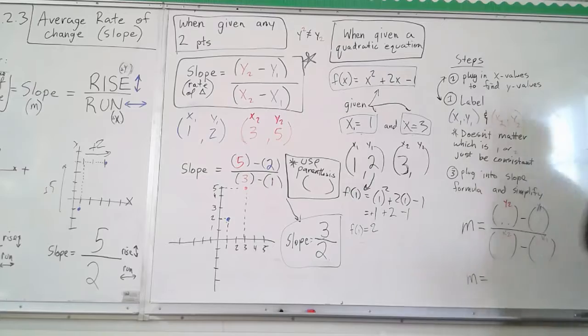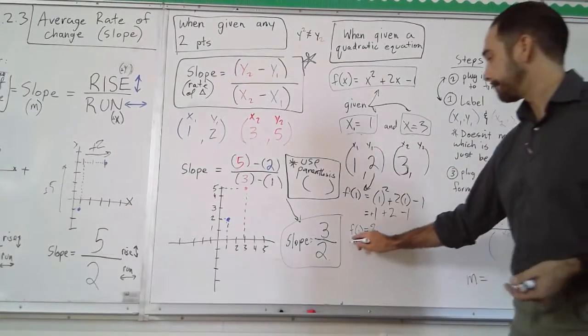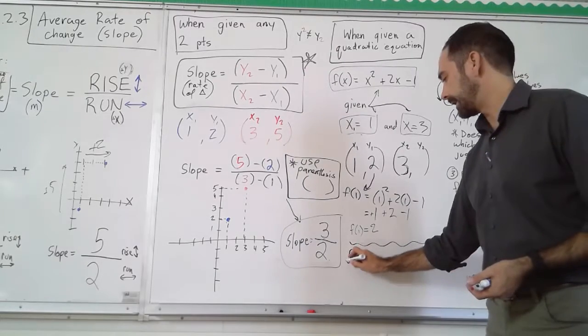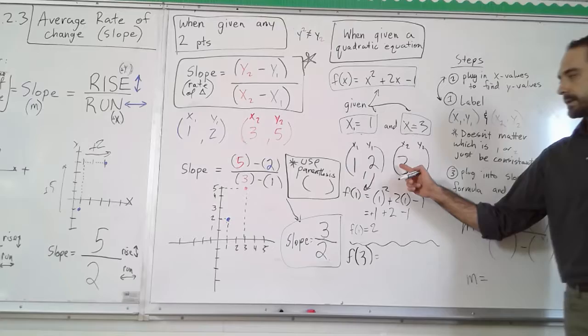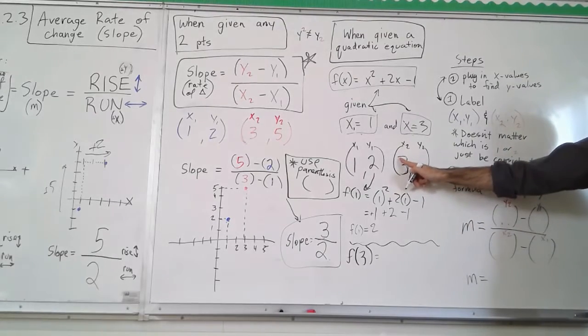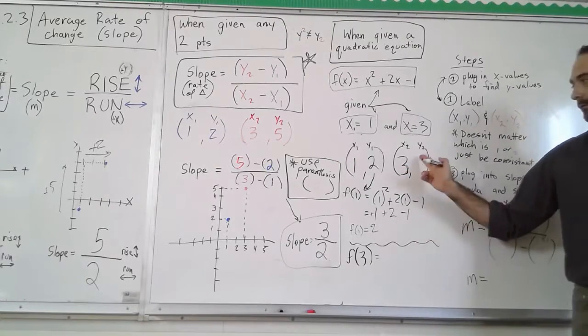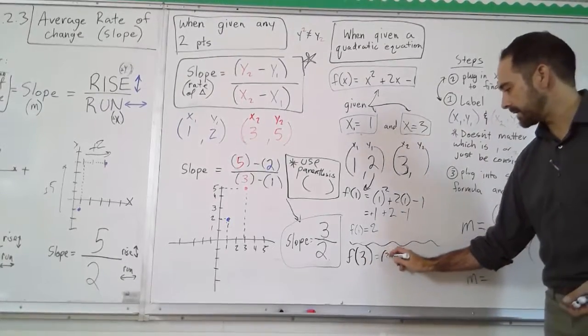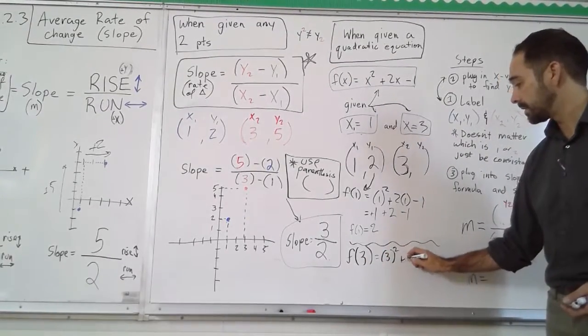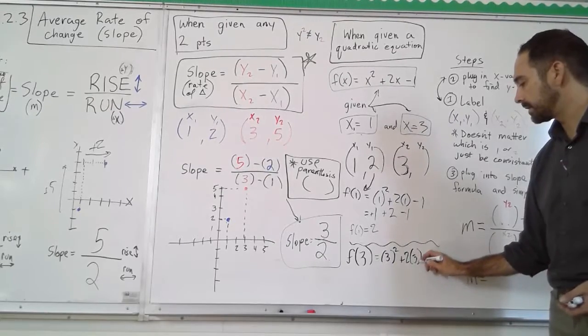Almost done. What do you think we have to do to find the other y value? Yeah, plug it in again. Plug in 3 for x, because my x sub 2 is 3. So to find my y sub 2, I have to plug in 3 for x. Use your parentheses. 2 times 3 minus 1.